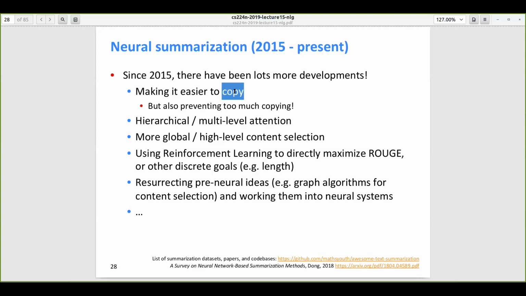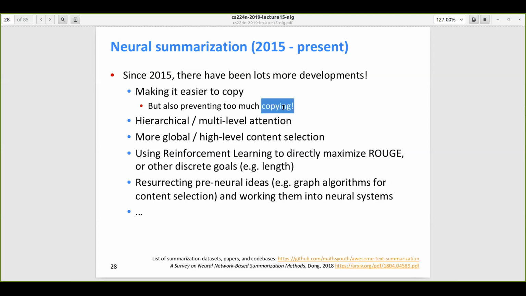If you remember, when we were going through machine translation, there were examples where some of the words in the source sentence were simply copied as they are into the target sentence. So the copying has to be easier to happen, and also the model has to do it only when it's necessary. It should prevent too much copying.